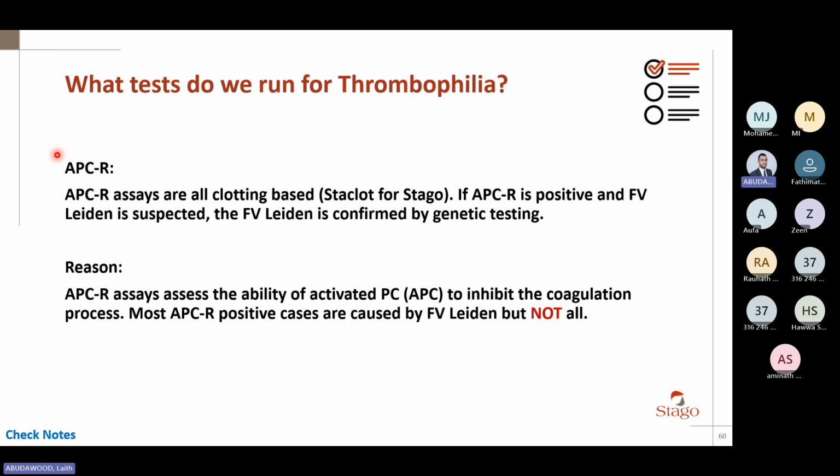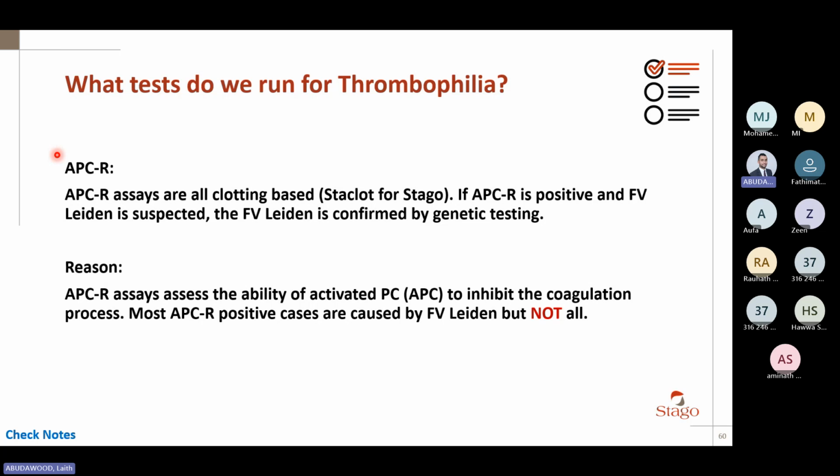The resistance of what exactly? For your information, which is very important here, protein C's main function in coagulation, or one of its main functions, is that it cuts factor 5 and factor 8 at specific locations. So protein C cuts factor 5 at three locations, and it cuts factor 8 as well.